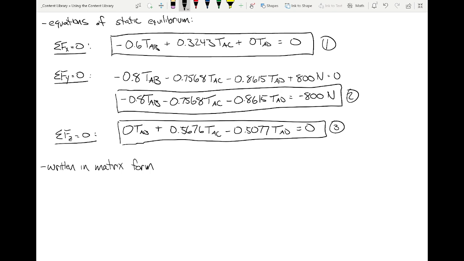Notice how I've been very consistent with the order in which I've done these solutions. Look at my TABs, my TACs, TADs, all in the same order. I'll also have zeros anytime I don't have a component. And over there on the right, I've got all of my constants. So what I can do is write this as follows.